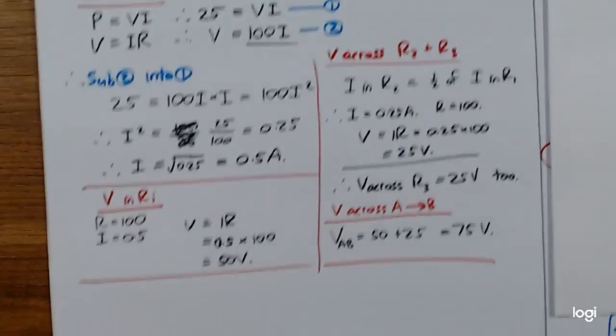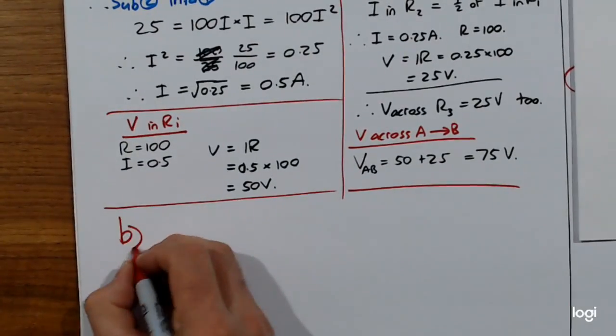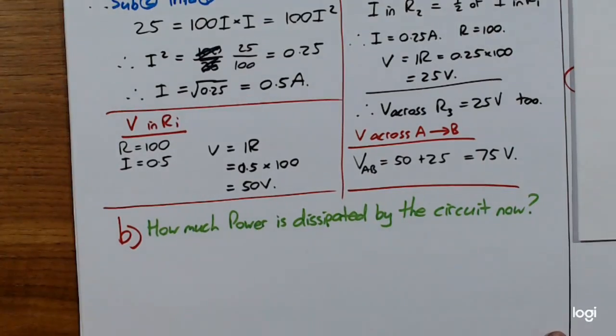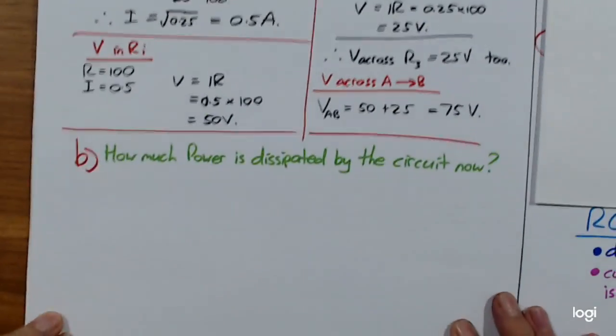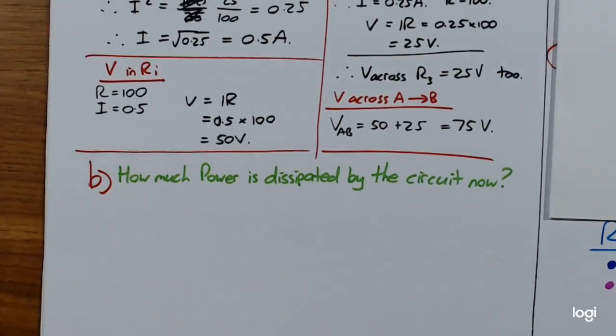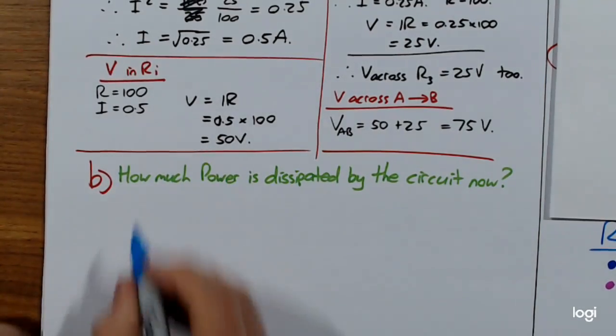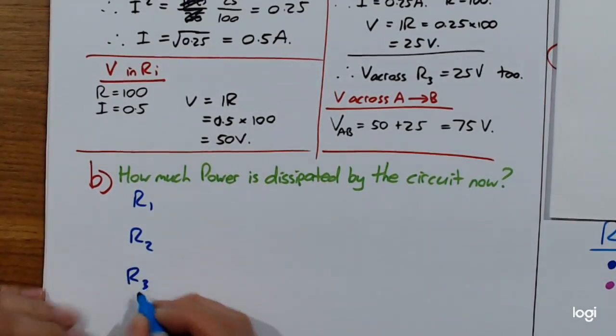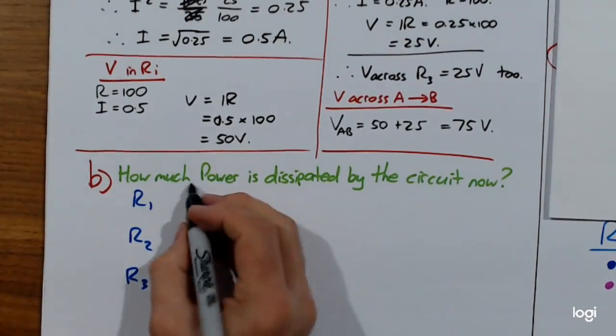Part B. How much power is dissipated by the circuit now? Okay, so having done that, now that we know how much voltage is across each one and how much current is going through each one, we're just going to do P equals VI for each of them. So for resistor 1, resistor 2, resistor 3, they're all the same. Power equals VI.